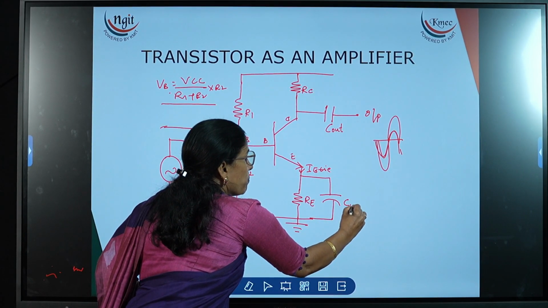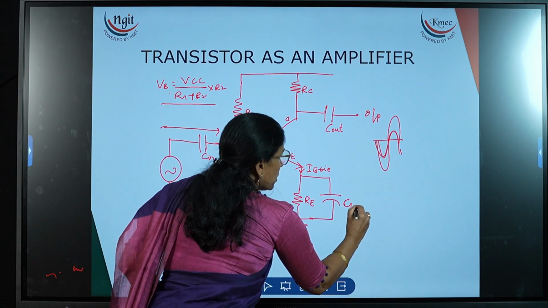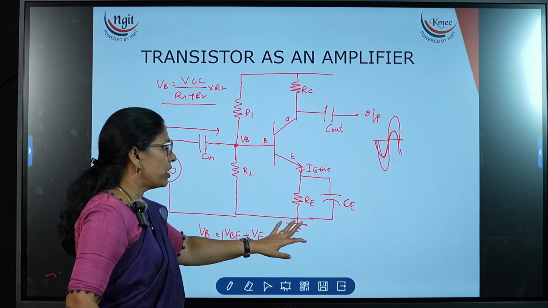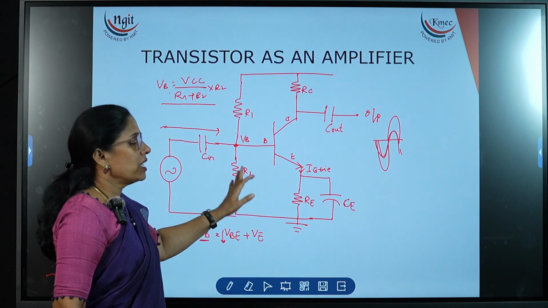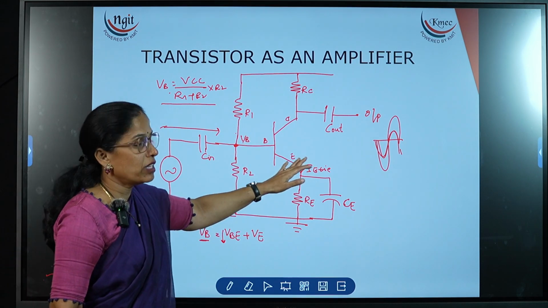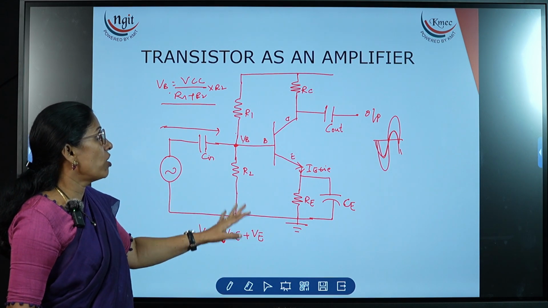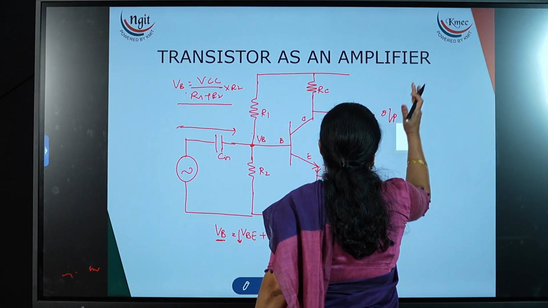This is nothing but a bypass capacitor, the CE bypass capacitor. It is used to bypass the AC component, or to ground the AC component. If the AC component is not flowing through this, then the DC biasing will not change and we get faithful amplification at the output. So this is about the construction of a CE amplifier. Now we will see how the amplifier works.